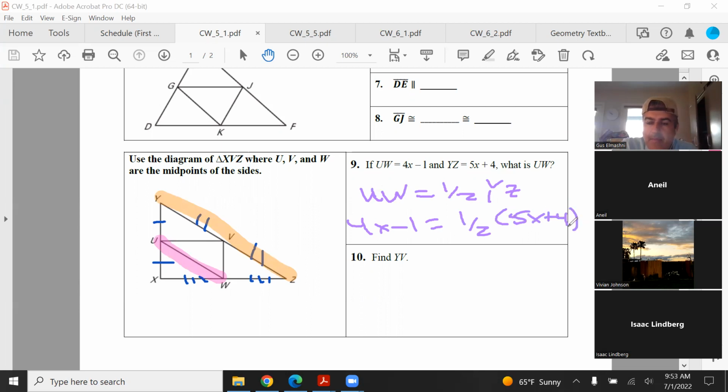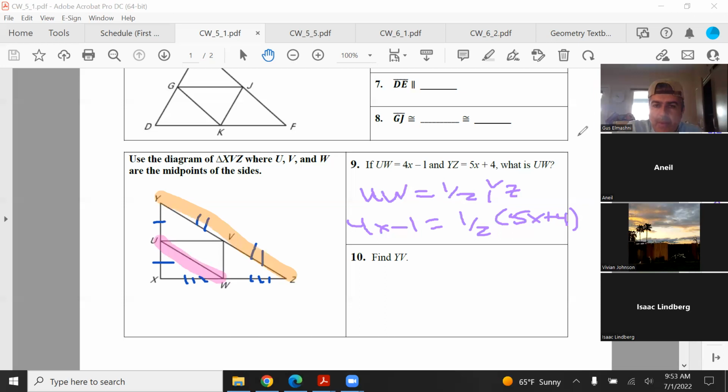And now you have to work it out. You can multiply both sides by 2. So you're getting 8x minus 2, and these cancel, 5x plus 4. Subtract both sides by 5x.